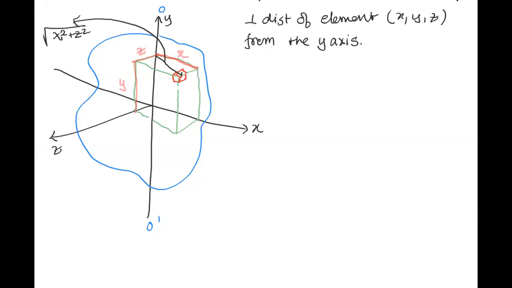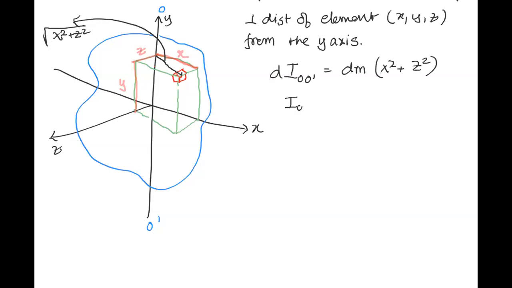Is this okay? Is this understood by everyone? Yes or no, tell me, otherwise I will draw another diagram. I O dash will be dm x square plus z square, and this is dI.